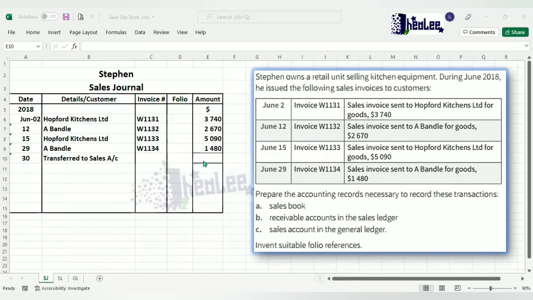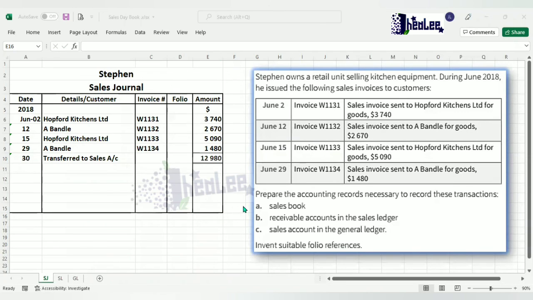What we need to generate now is the total credit sales for the period. So you're going to add each credit sales to get the total. Having done that, our total is 12,980. And that takes us to the end of preparing the sales book.